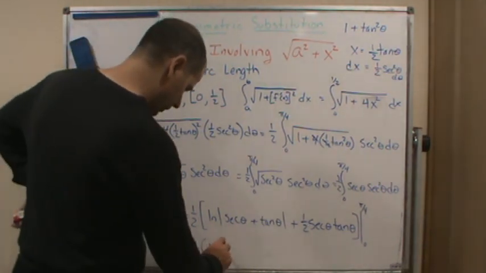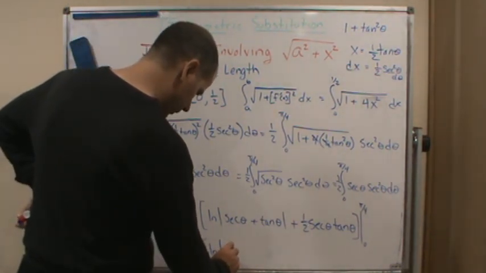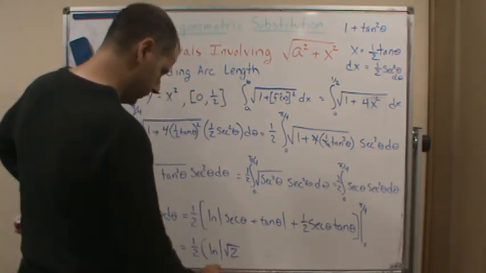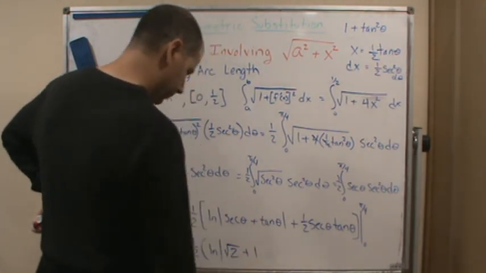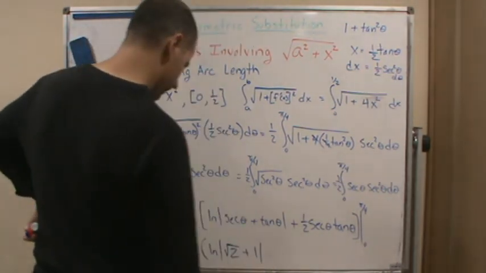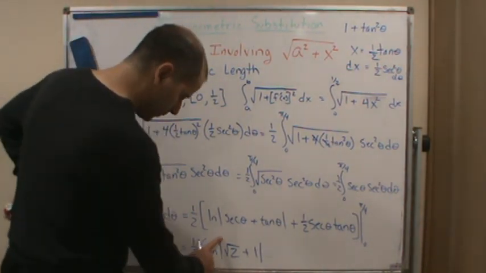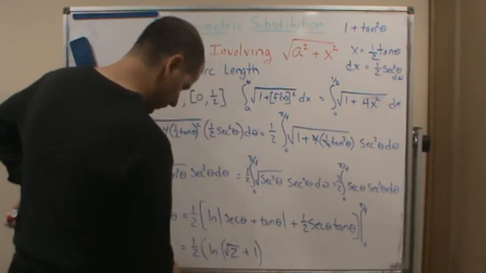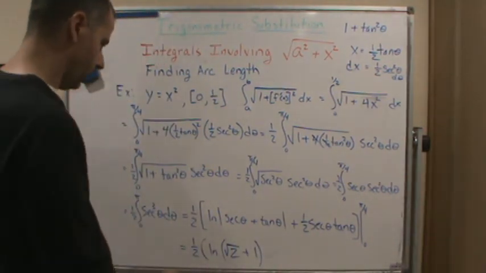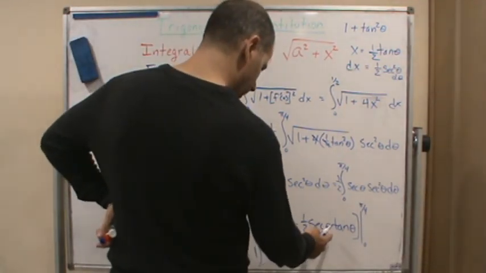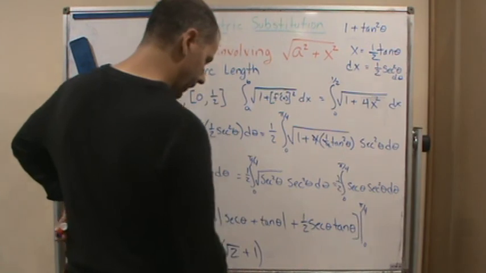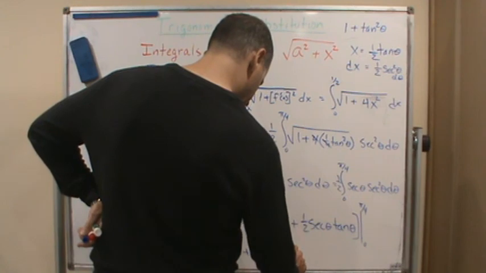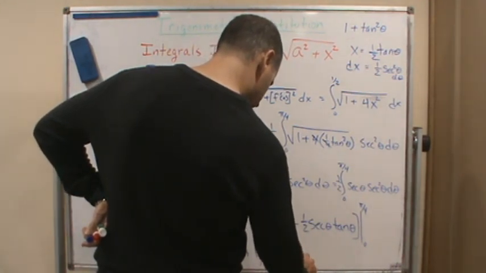So this becomes the natural log of square root of 2 plus 1. And we could drop the absolute value signs because this is obviously positive. And this is going to be plus 1/2 times the square root of 2.